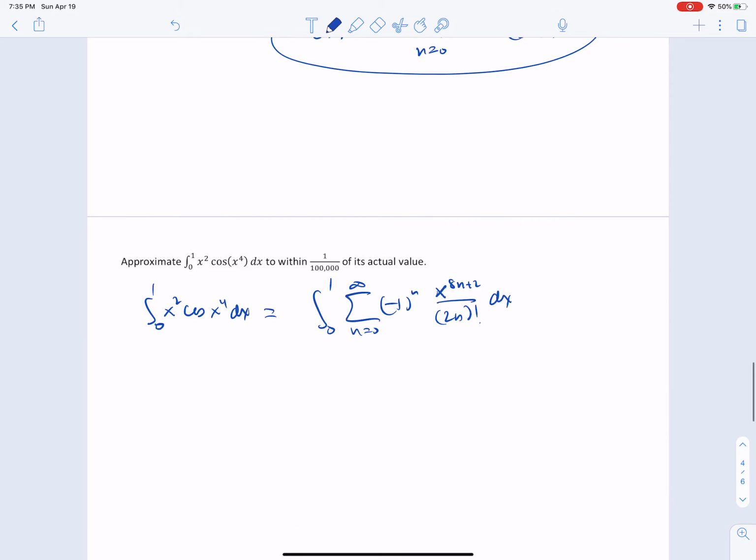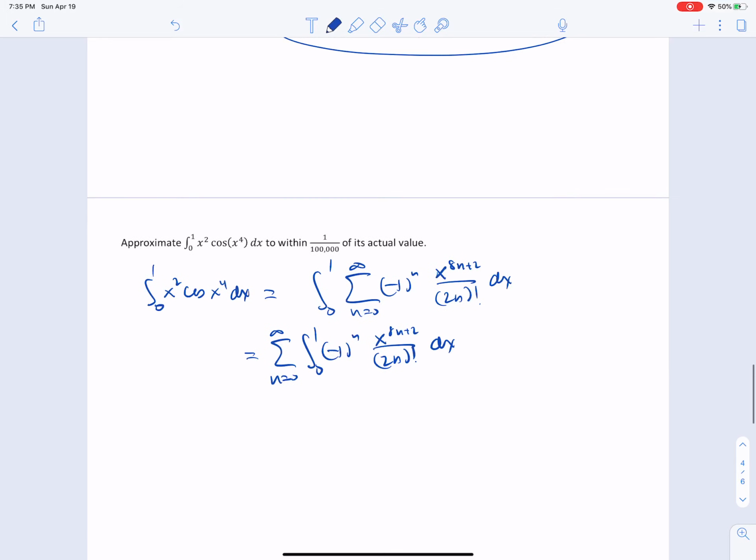As before, I can switch the order of summation and integration. And then I integrate again using the power rule. If I add 1 to the exponent, I get x to the 8n plus 3. And I'll divide by the new power as well.